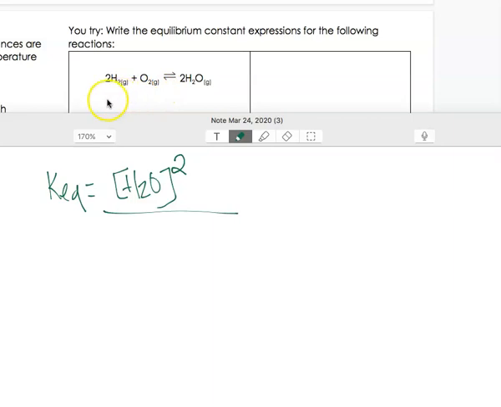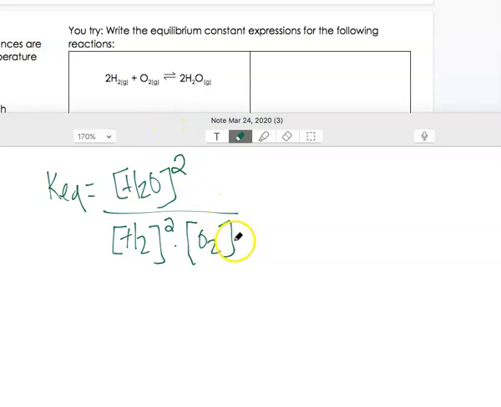And we have our gases here. So we're going to start with H2. Doesn't matter where you start. You could start with O2 if you want. But there's a power of 2 there, so we're going to put a 2 right there. And then we have oxygen, right? So we multiply, not add, we multiply by the concentration of O2, and there's nothing in the front.